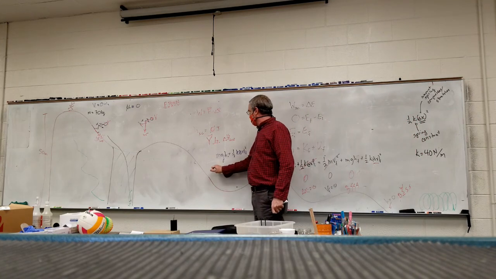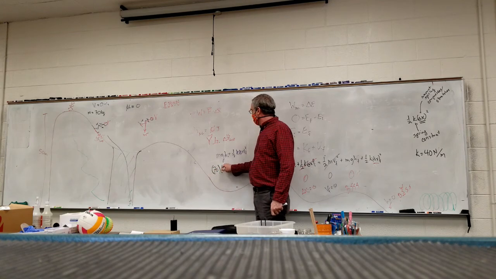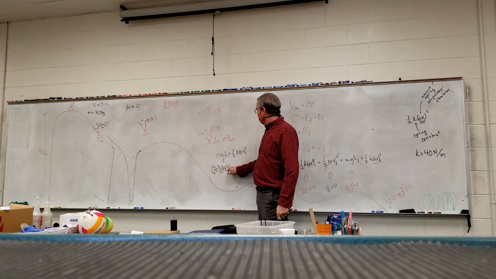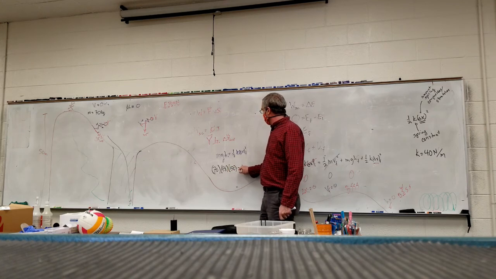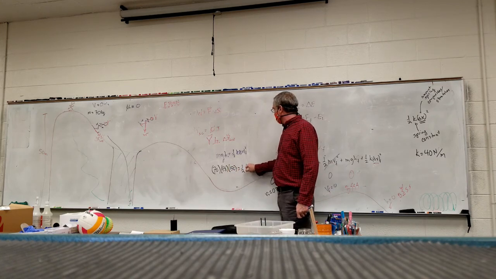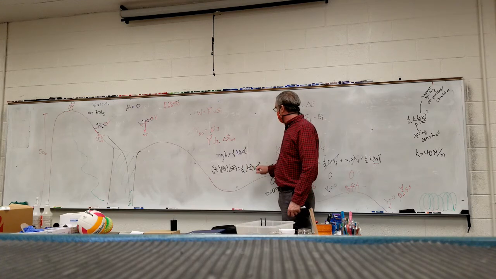Mass, 70. G, 9.8. Initial height, 50. Equals 1/2 times k, which is 40, times delta x final squared.